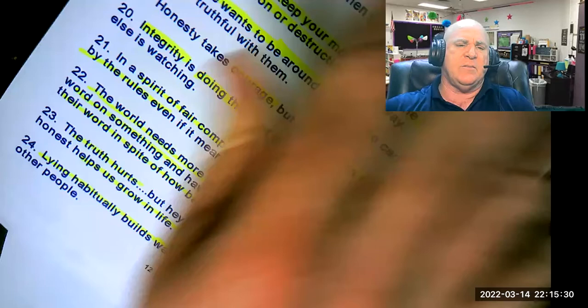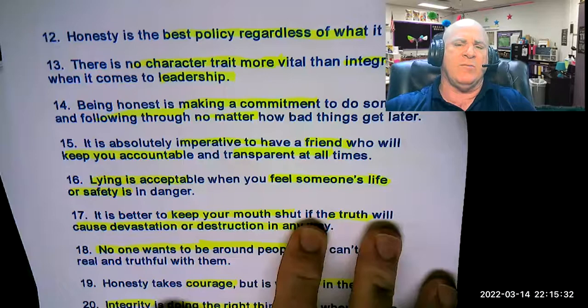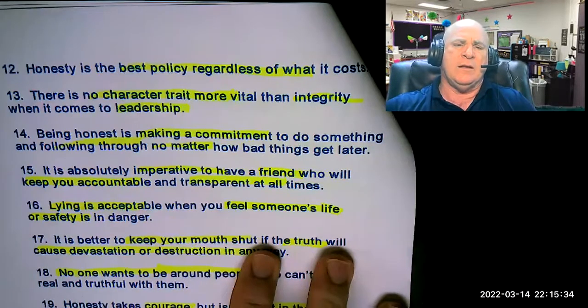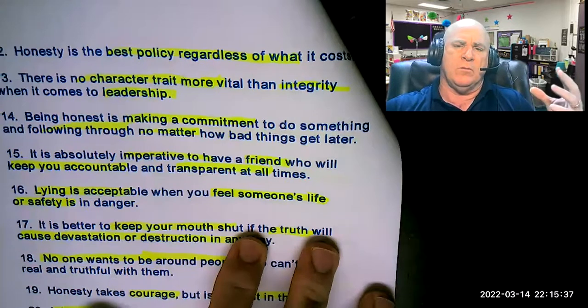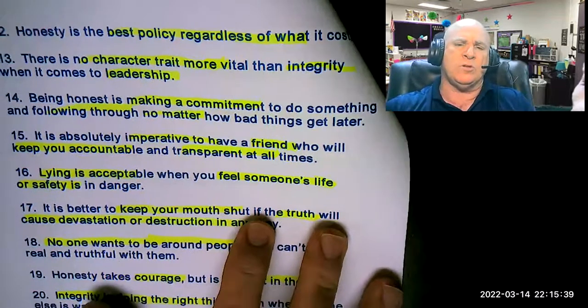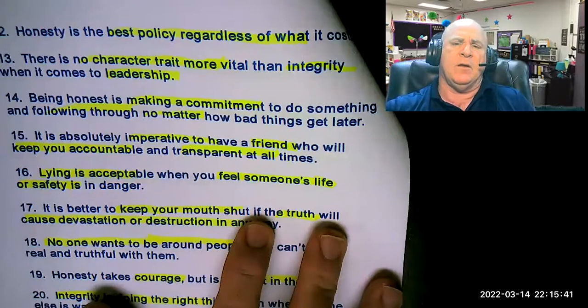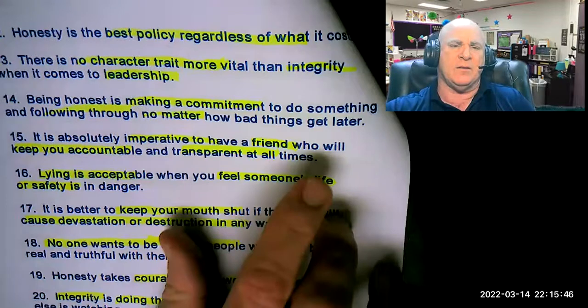Honesty is the best policy regardless of what it costs. So that's a quote. So I'm using a quote to make a thesis statement, regardless of what it costs, no matter what, that it's the best policy.